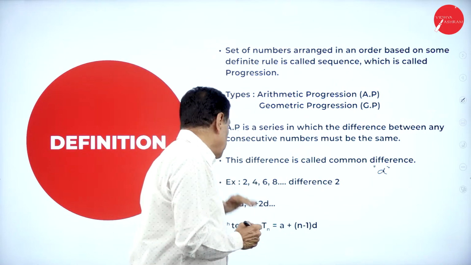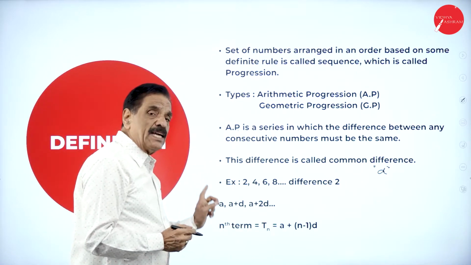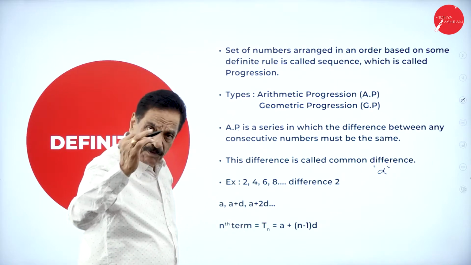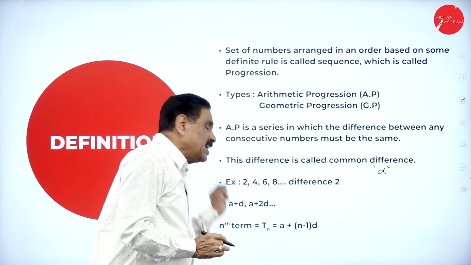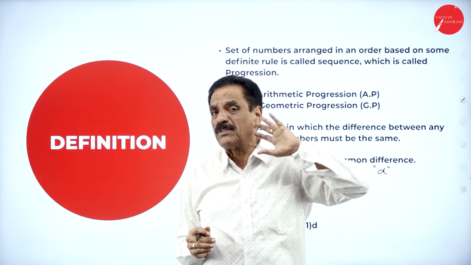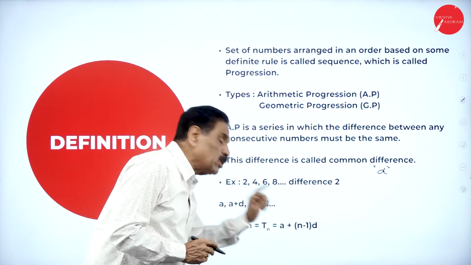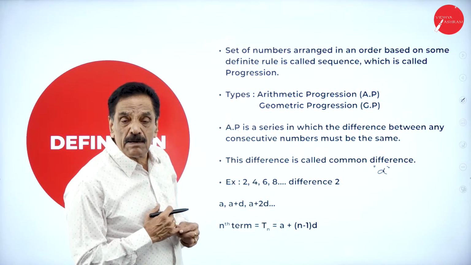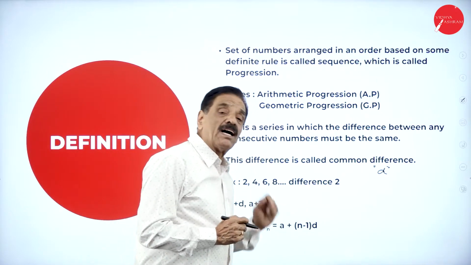This is very important. It can be represented as a, a plus d, a plus 2d, a plus 3d, and it goes on. Any nth term, if you want to find the 50th term or 20th term, we say a plus n minus 1 d. A is called the first term, n is called the number of terms, d is called the common difference.